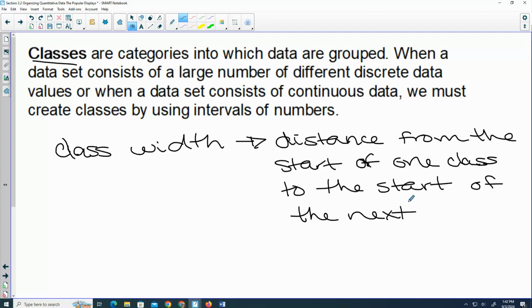Okay, so not from the start to the end of that one class, but from the starting of one to the starting of the next. So between 670 and 680, that's 10. So these have a class width of 10. If I asked for a class width of 5, we would have more things to list there. The bigger your class width usually, the smaller number of groups you'll have.